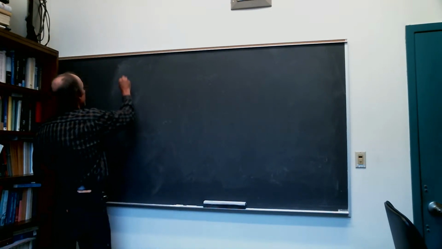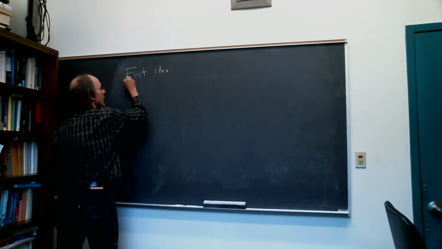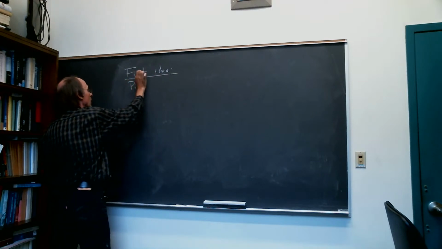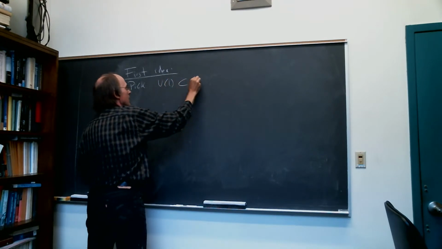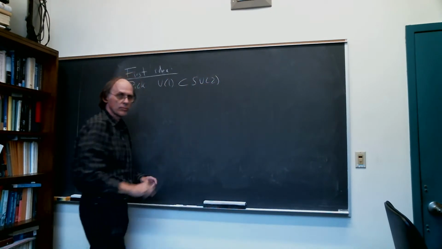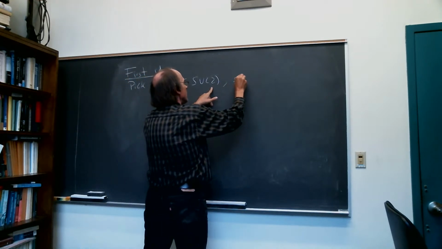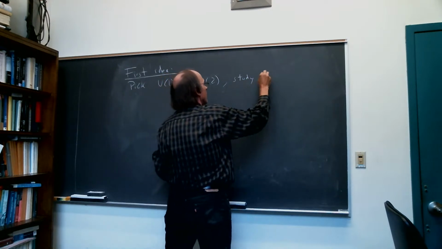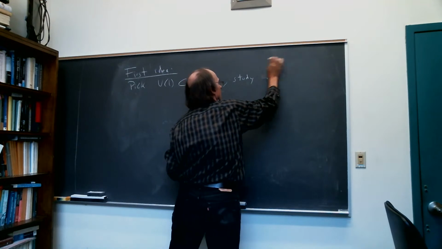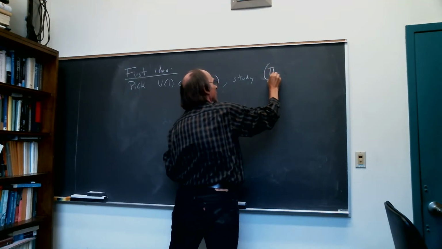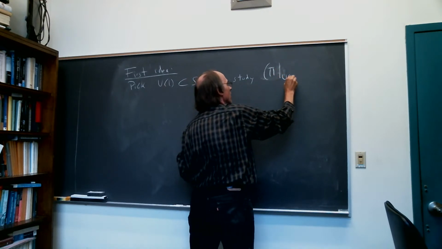Okay, so the first idea is to pick a U1 inside SU2, and then study the representation pi restricted to U1.